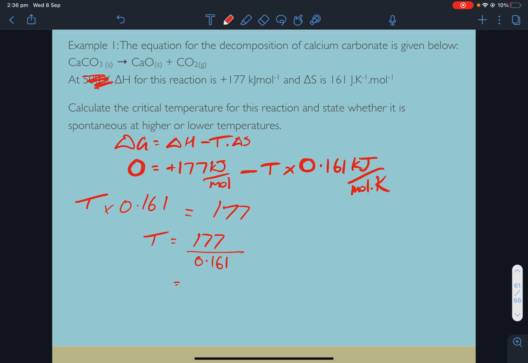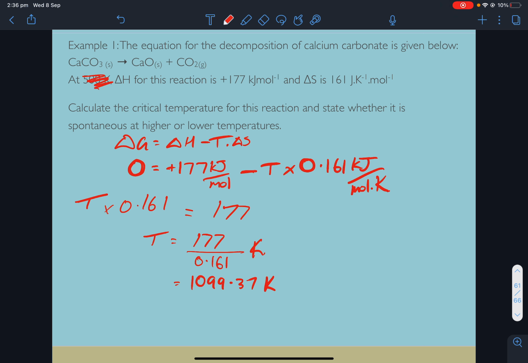What a duffer. And that's my Kelvin. So 177 divided by 0.161 equals 1099.37 Kelvin. So that's my critical temperature there. Let's just call it 1100 or 1099.